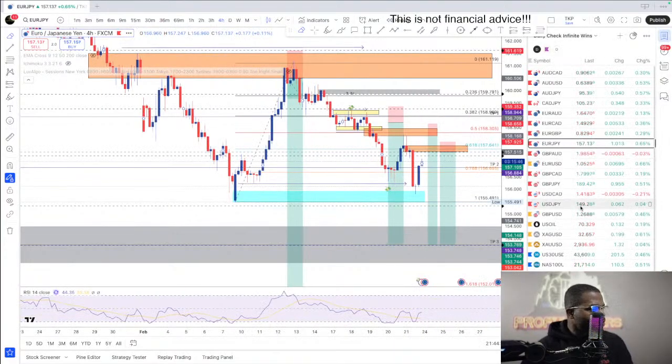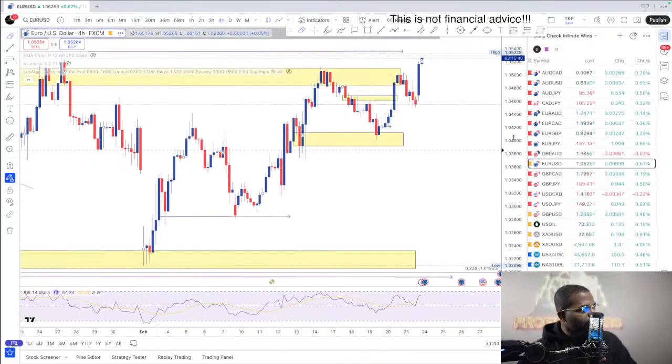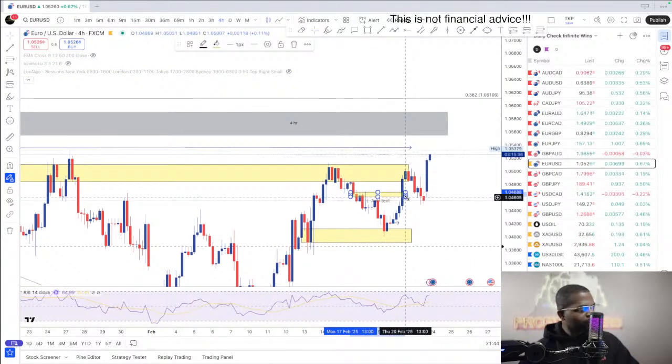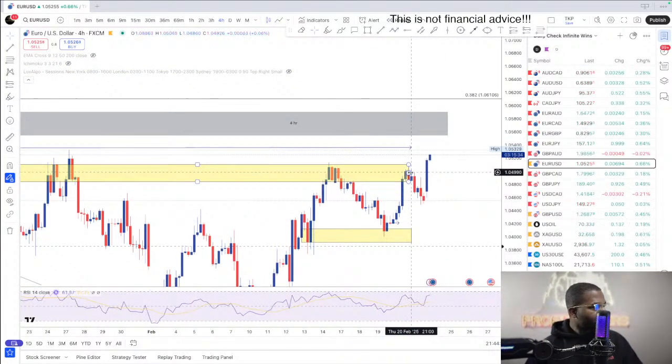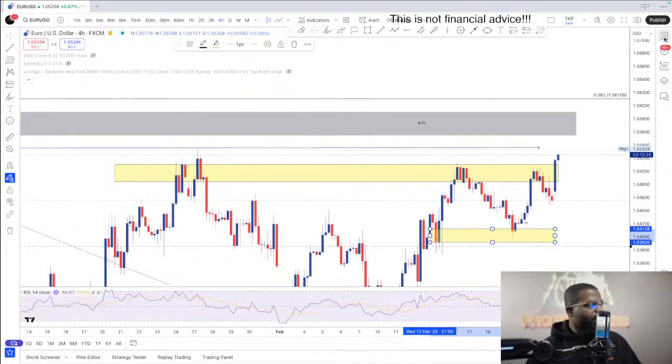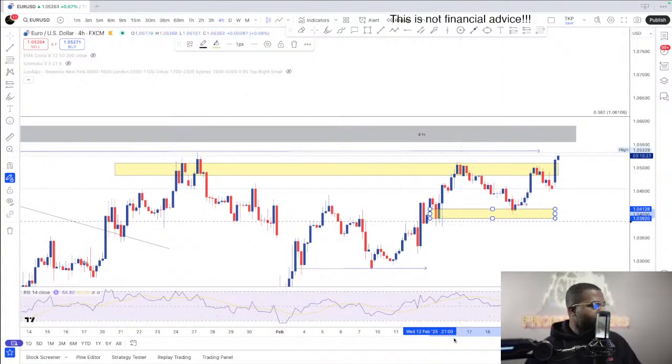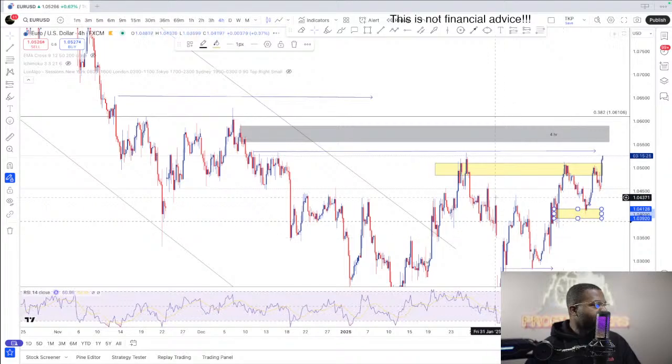We only had Euro news. Let me see. Euro USD, I think that's the only other one. So same thing here. I trapped price and I looked for the next structural level above it.